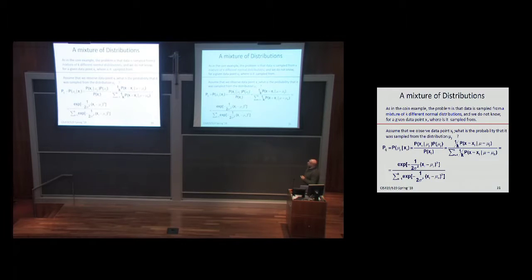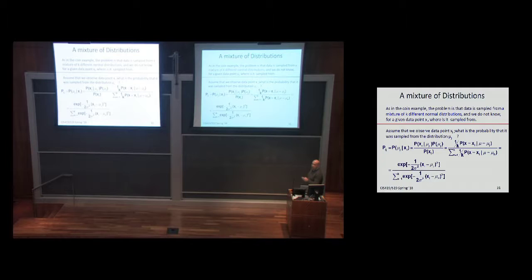Bayes rule. It's P of xi given mu_j. Let's start here. The probability that xi is labeled mu_j, or came from the jth Gaussian, is P of xi given mu_j, P of mu_j divided by P of xi. Bayes rule. I'm assuming uniform distribution among the mu_j's, so P of mu_j is just going to be 1 over k.